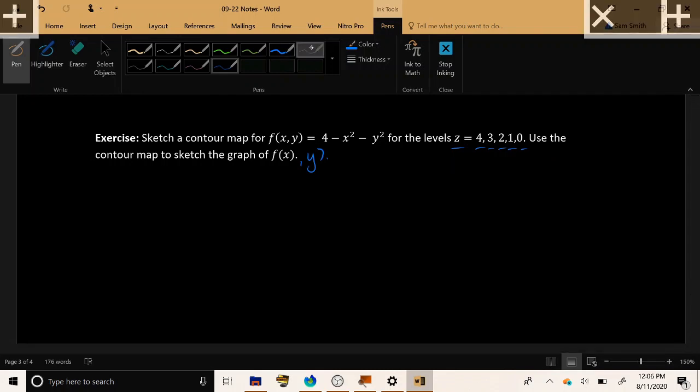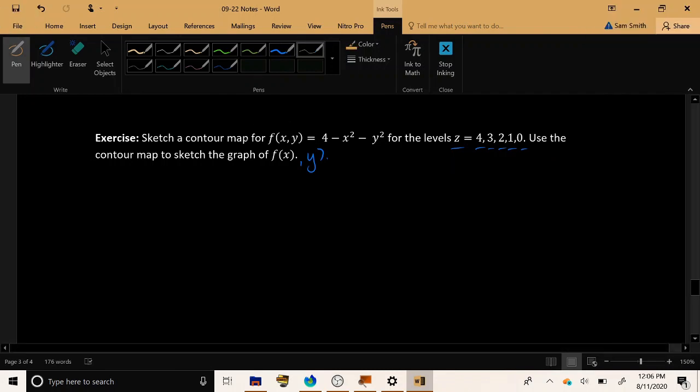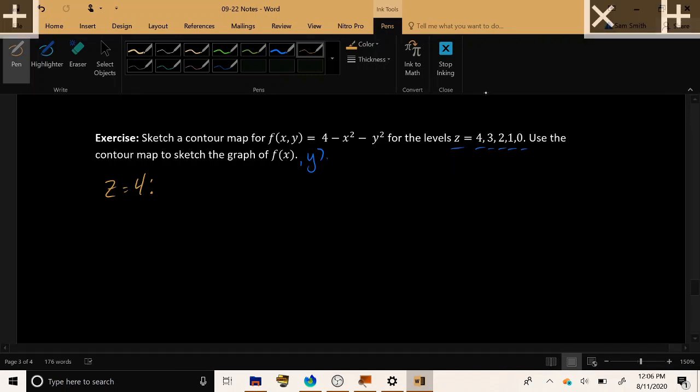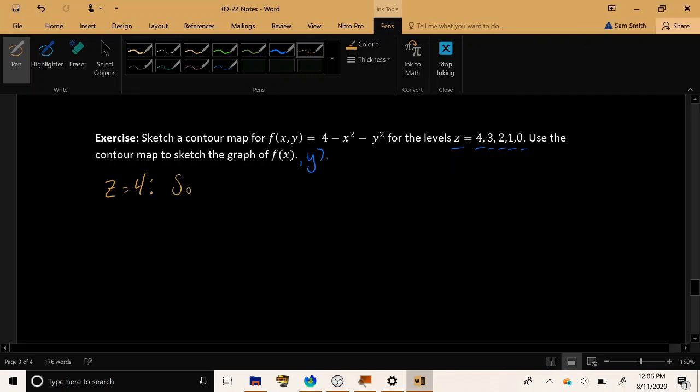So that means that if I want to sketch the contour map corresponding to the level z equals 4, I'm going to try and describe the level curve corresponding to z equals 4. I'm going to try and describe all the points x, y which will give me an output of 4 from the formula.